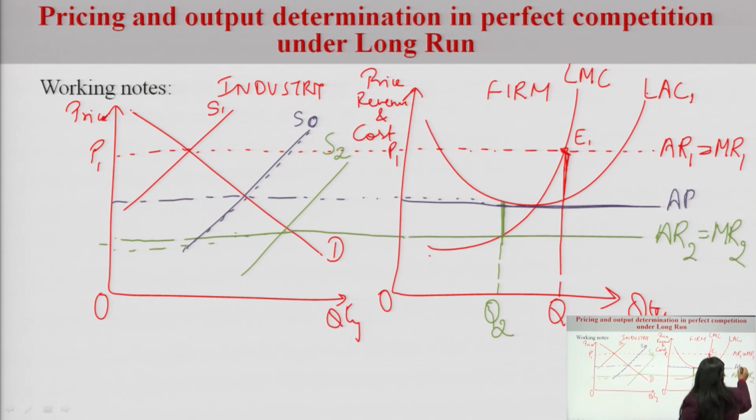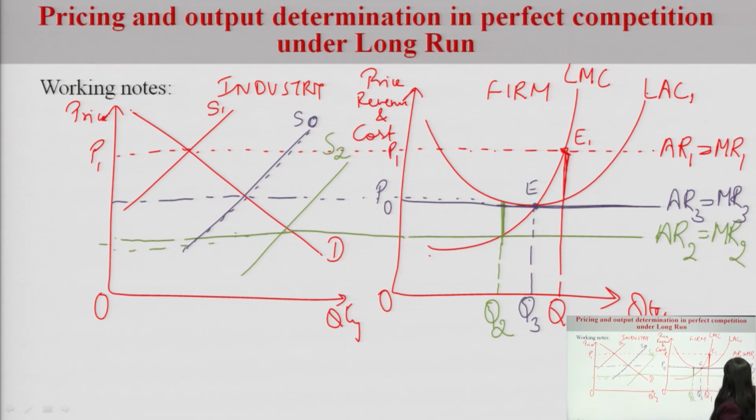This is the new average revenue AR3, and this is marginal revenue 3. The optimum output would be OQ3 and the new price will be determined at OP naught. This is the equilibrium point E, where average revenue equals marginal revenue and marginal cost equals marginal revenue. The optimum output is determined at OQ3. This is the long run price and output determination.